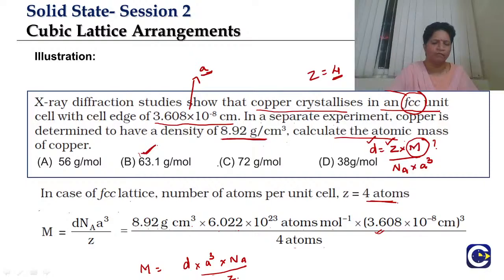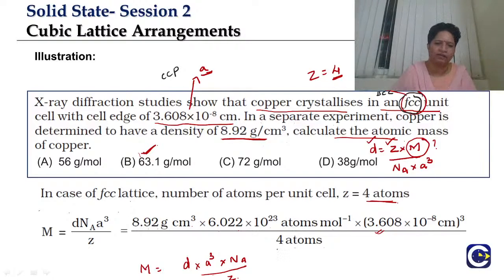So in some questions you can see that as an FCC, in some questions you can see that as FCCP in general. In case if this crystal structure is given as a BCC unit cell, what is the basic difference that you will do? So this same question, instead of FCC if BCC is given, what do we do? What change should we make?